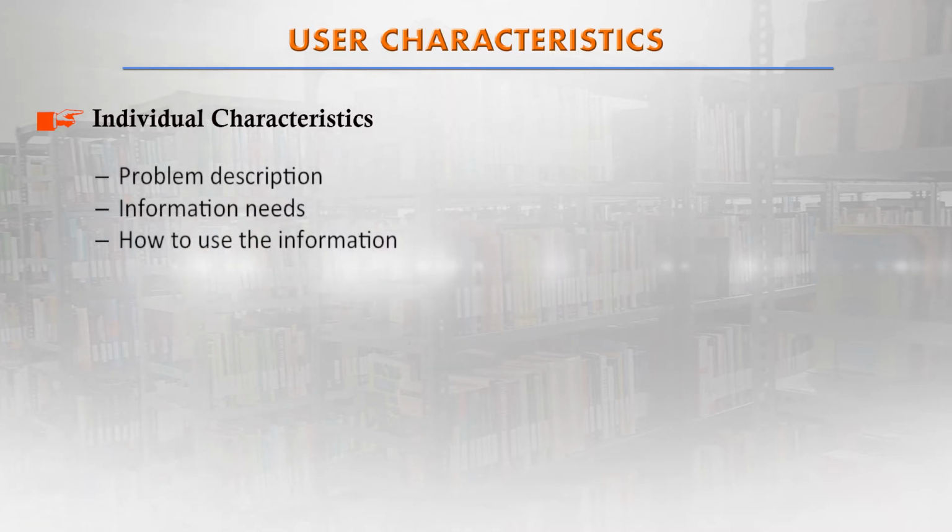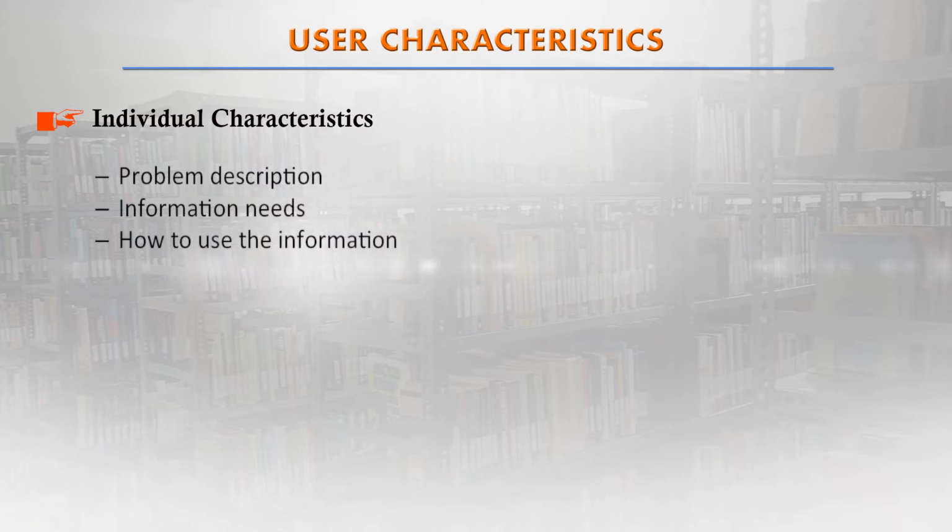Sometimes users cannot spell out those things, and how and for what purpose they will be using this information. Such information helps you to frame your own search or your own information service accordingly.